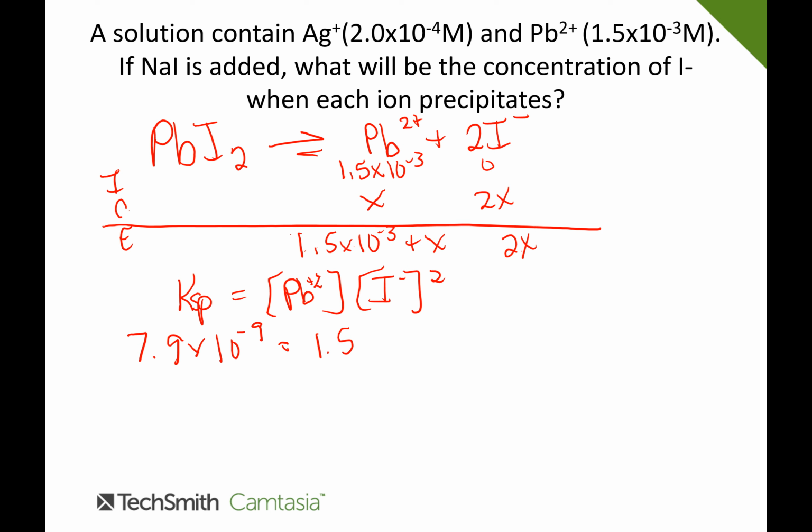So 1.5 times 10 to the negative 3 plus X times 2X squared. And I'm going to ignore this X. So 2X squared is 4X squared.